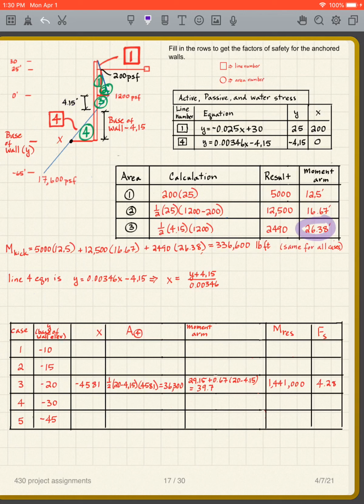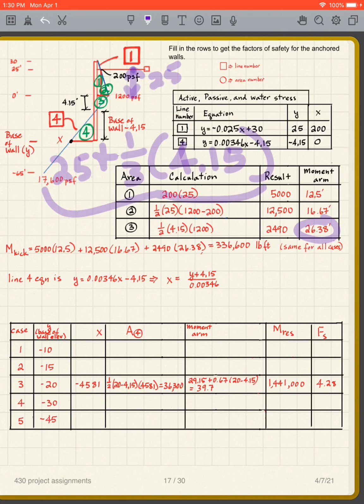Then the moment arm is going to be the 25 plus 1/3 of 4.15, and that works out to be 26.38. So I have the moment arm for that.